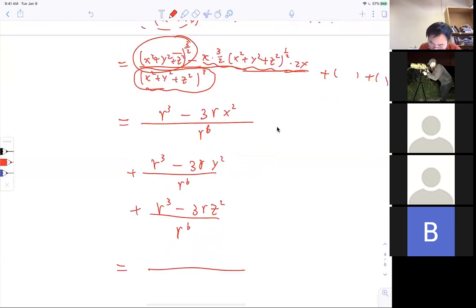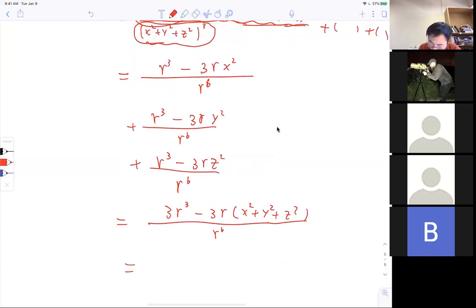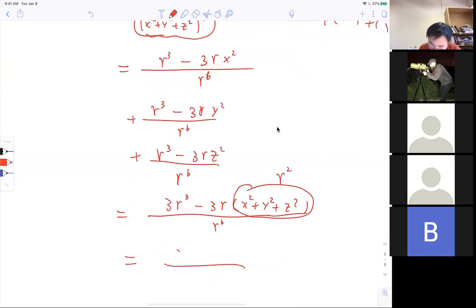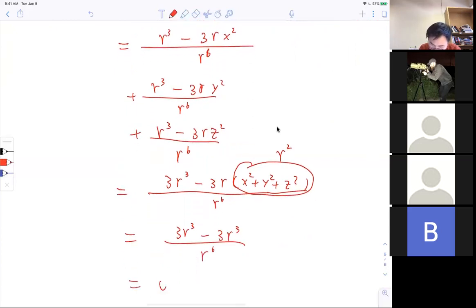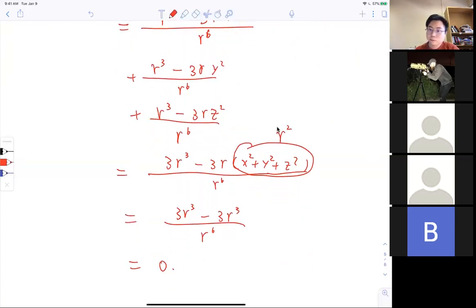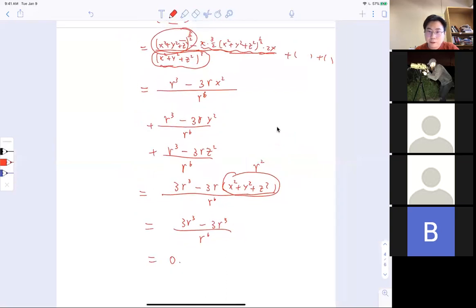So you combine them together, you get r to the 6 and 3r cubed minus 3r times (x squared plus y squared plus z squared). This is nothing but r squared. You get 3r cubed minus 3r cubed over r to the 6, which is 0. So any question about the calculation here?